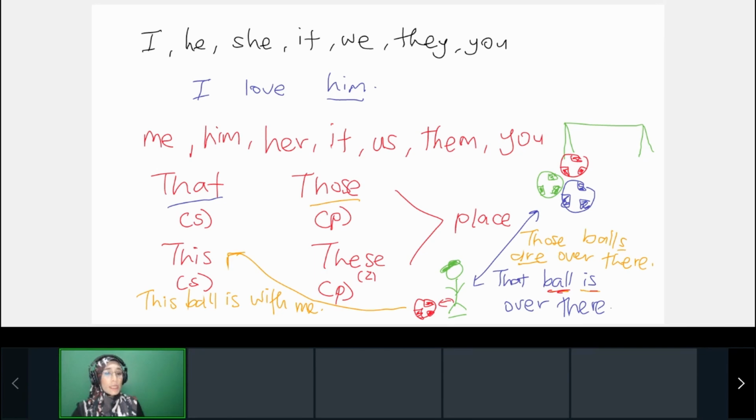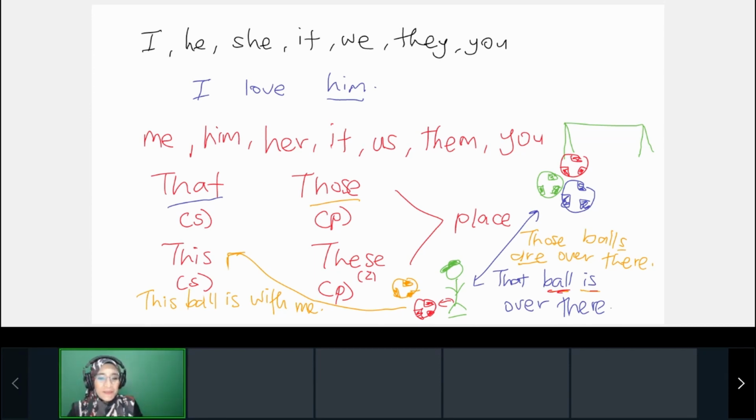This ball is with me because it's closer to you. But if you are going to use these, like I said, you need to have few more balls. Sounds so wrong, right?